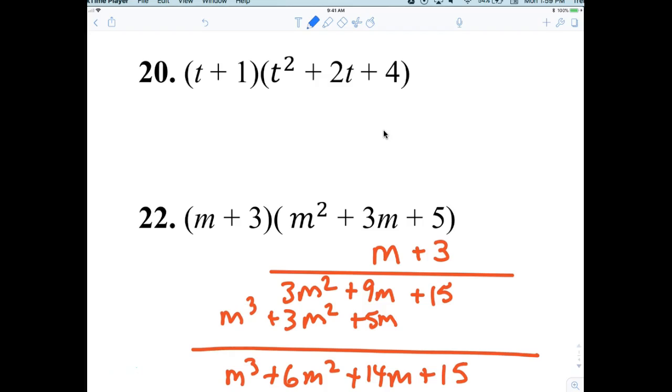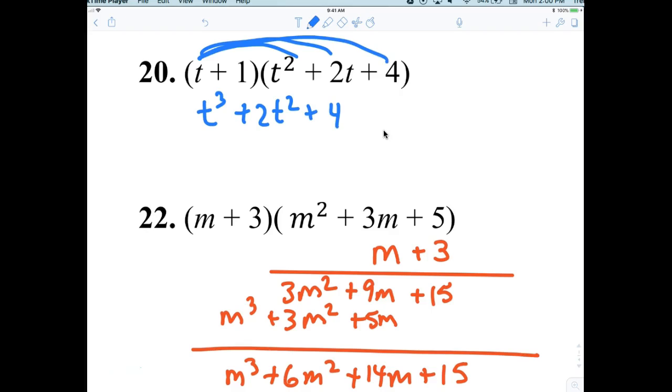Now, t times t squared is t cubed. Just watch. It's really simple. Then t times 2t is a positive 2t squared, and t times 4 is positive 4t. Does everybody see that?